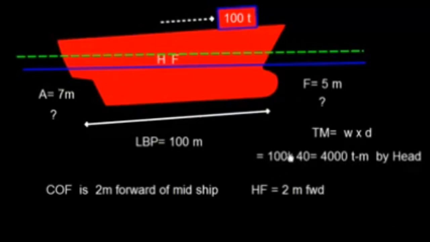So I have this trimming moment, 100 is the weight and 40 is the distance from center of flotation. So I have 4,000 ton meter, and the direction will be by head because I have loaded this 100 ton in the forward direction.